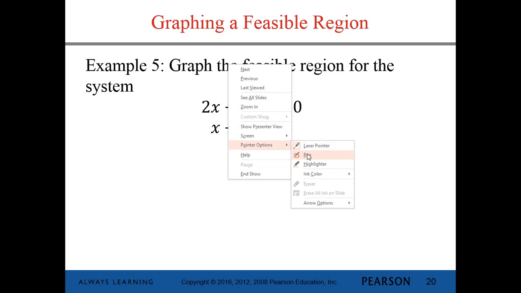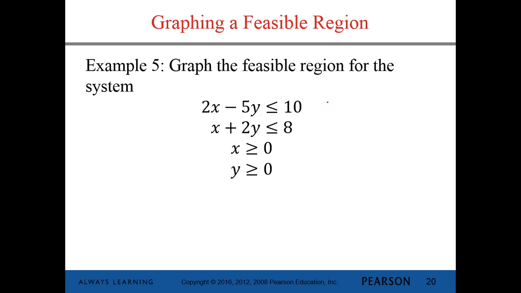I'll do it with the slope-intercept form, and let's see what we get. So this one here, we get y is greater than or equal to, because we're going to be dividing by a negative number, this means that we're going to have to flip the sign.